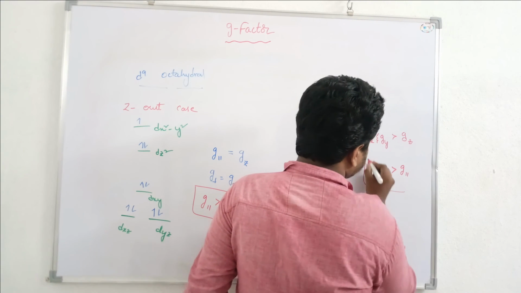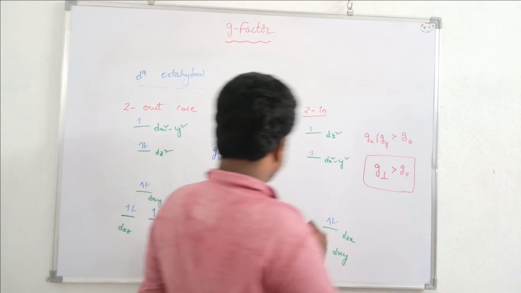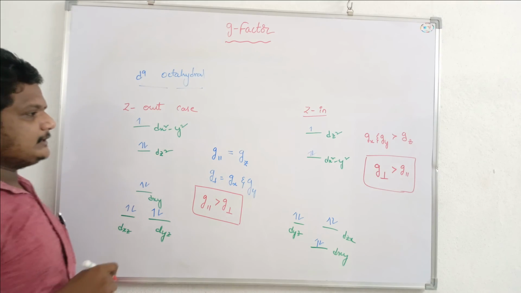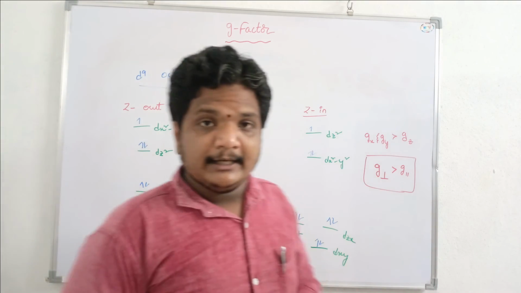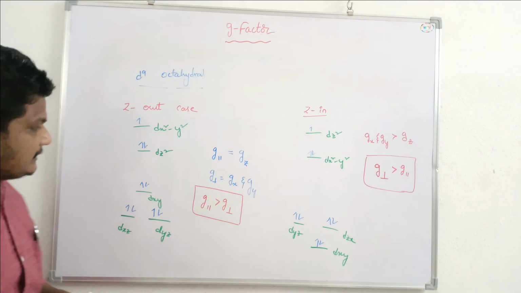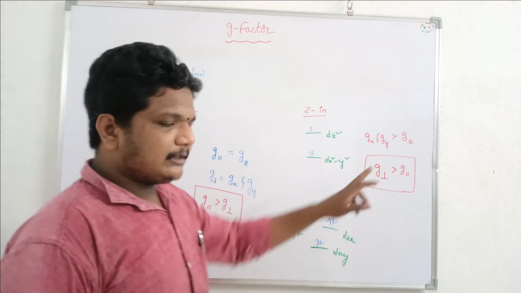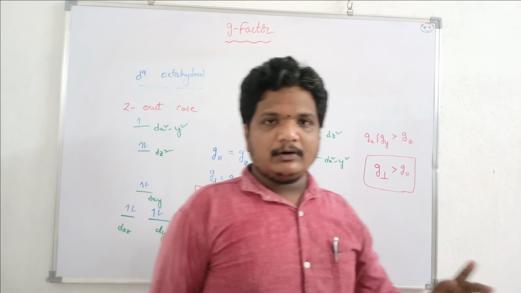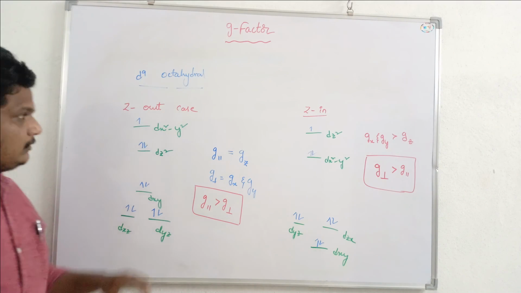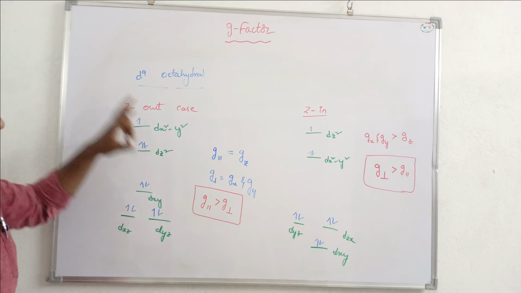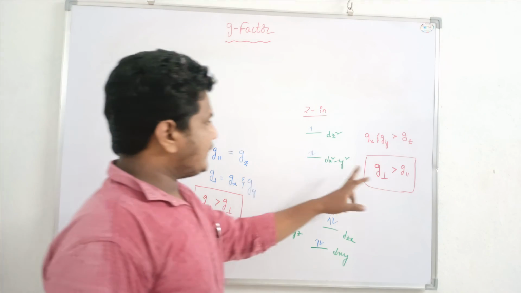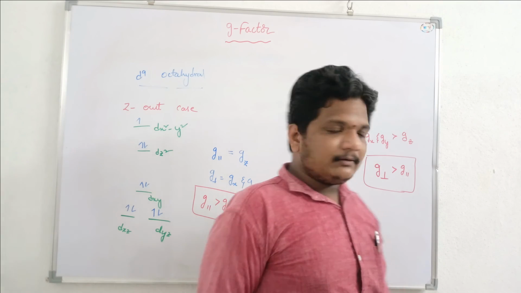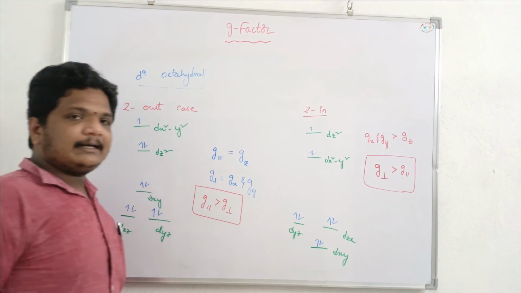So g perpendicular is greater than gz, which is equal to g parallel. These are the two kinds of situations that we have observed in the Z in case and Z out case. In the Z out case we have g parallel greater than g perpendicular. In the Z in case we have g perpendicular greater than g parallel.